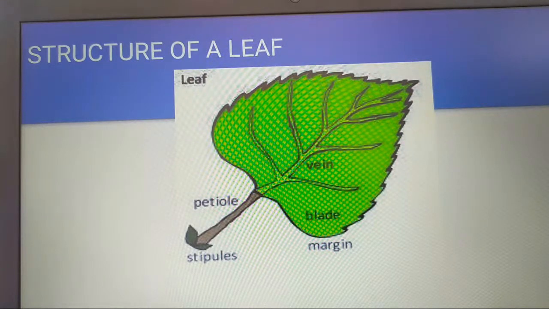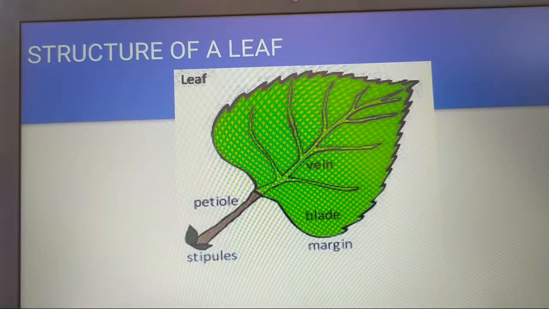Then, there are a number of tiny openings present on the surface of a leaf. These tiny openings are called stomata. What is the work of stomata? They help a leaf to exchange gases.